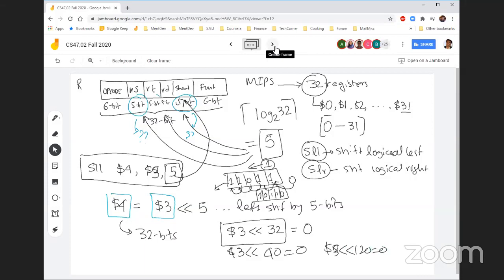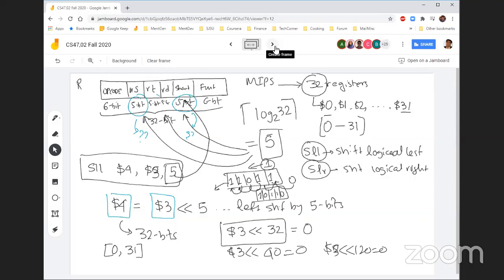So the only possible meaningful result can come from a shift range of 0 to 31, right? That would be a result-producing shift operation. Everything else outside this shift range would result in 0, so we don't need to deal with them. We know that if the value is more than 31, my result is going to be 0.